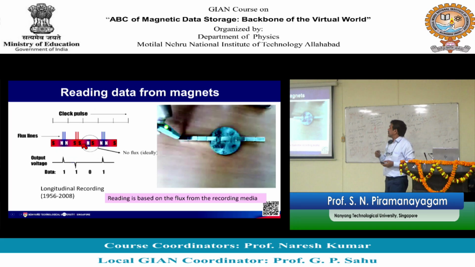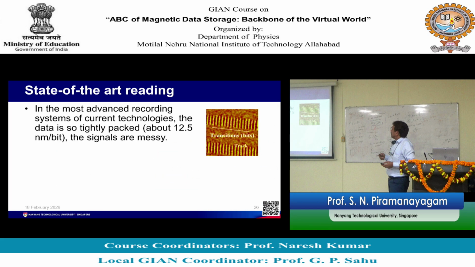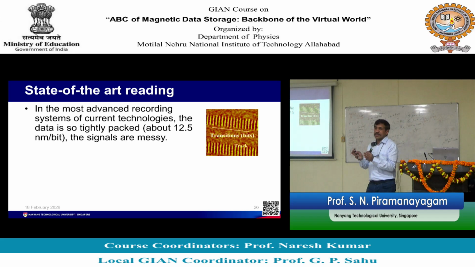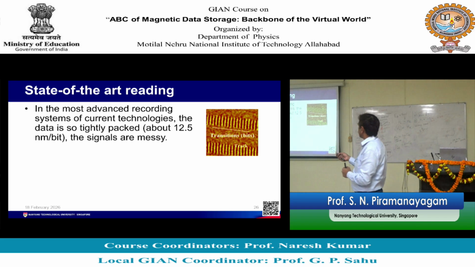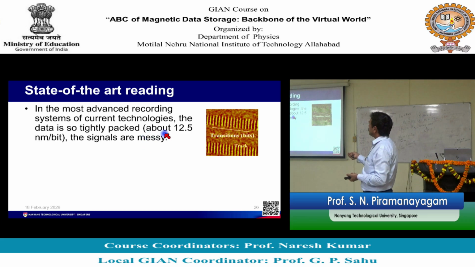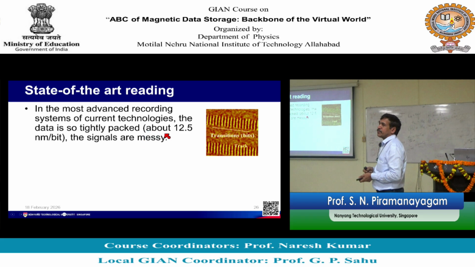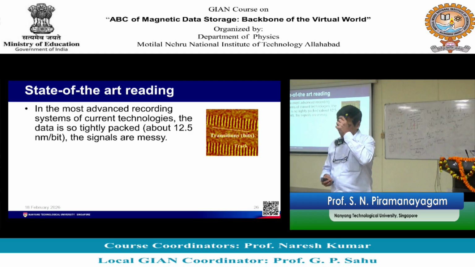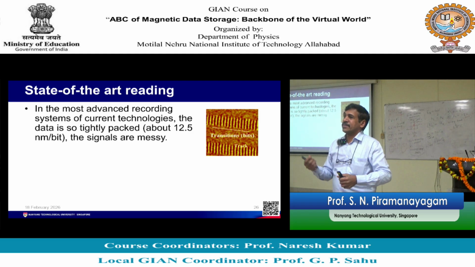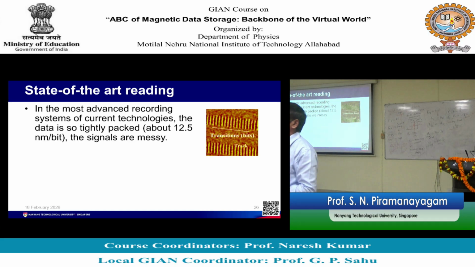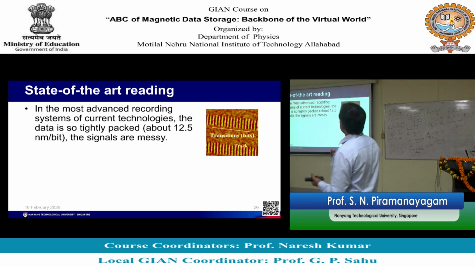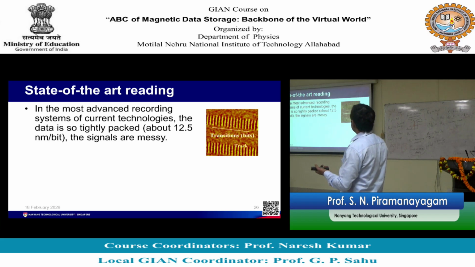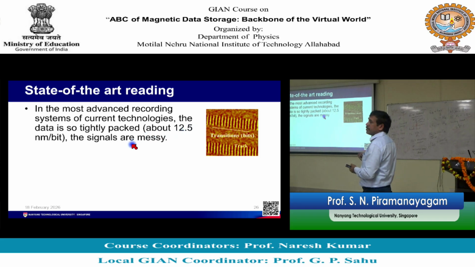But as we advance more and more, the bits are highly packed closer to each other. In the current technology, the bits are spaced at a distance of 12.5 nanometer. If any of you are making films and do TEM, you will notice that your grains are already more than 12.5 nanometer. So even if you use 1 grain to store information, that's like 12.5 nanometer. These are very, very small bits.